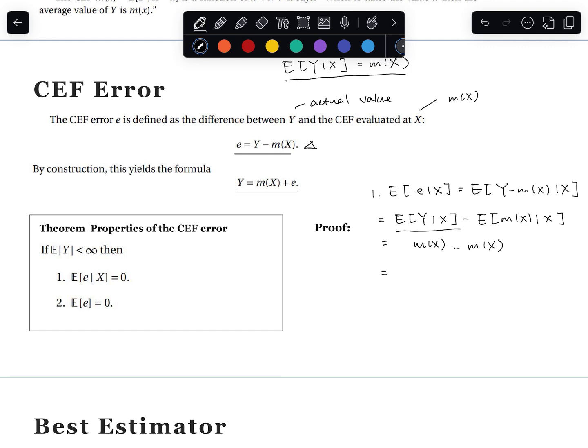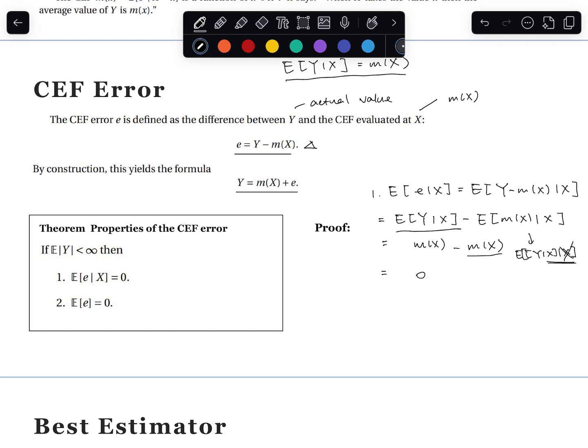So here, if we have conditioning on x here, we can just ignore the second one, and it will turn out to be m(x). And then it goes to 0 at the end.